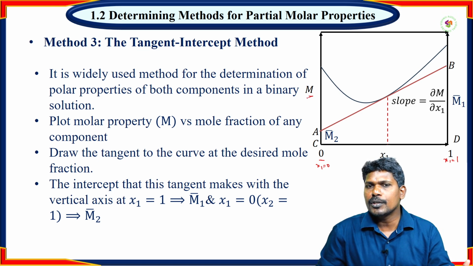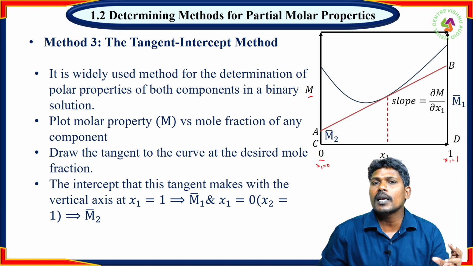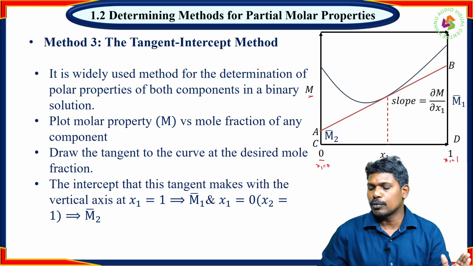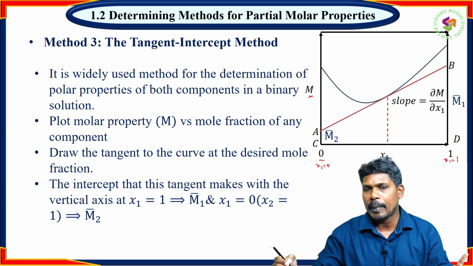I already said this is for binary mixtures. When you draw the graph between the molar property of a solution with respect to the mole fraction of compound 1, we get a parabolic curve.